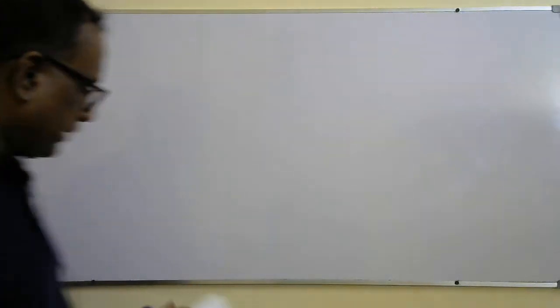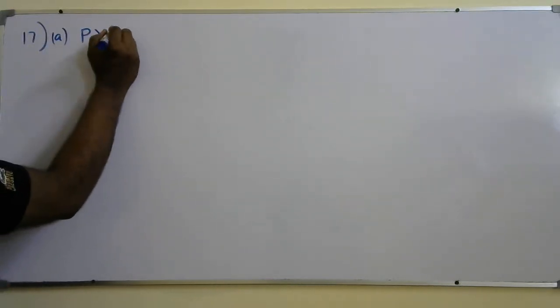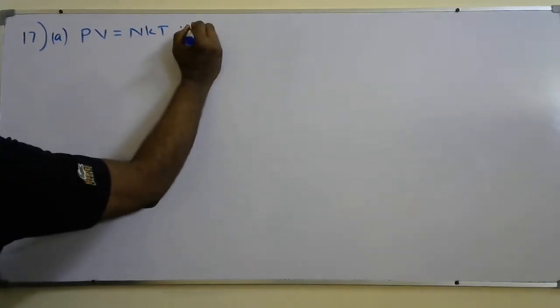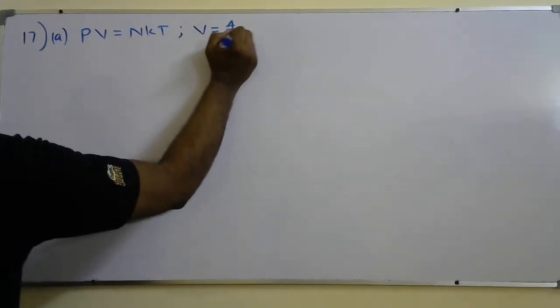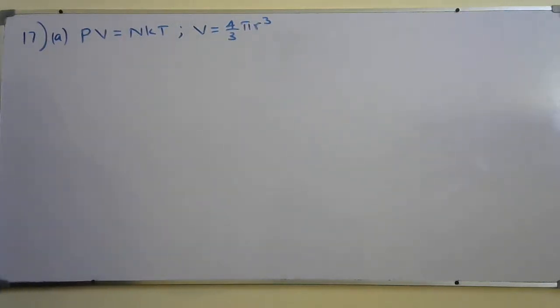So we'll use the equation, question number 17, part A. PV equals NkT, and we know volume equals 4 by 3 pi r cubed. Here we need to find the volume, but only the circumference is given.